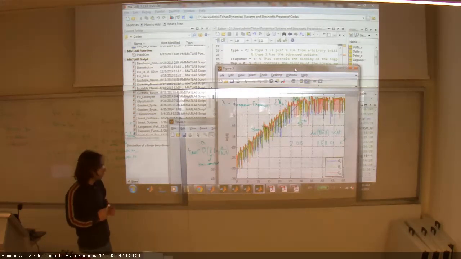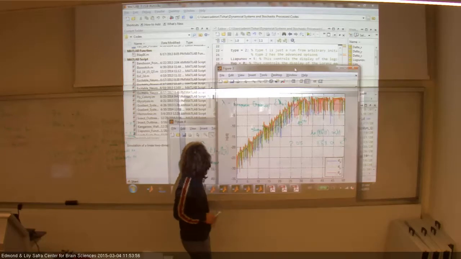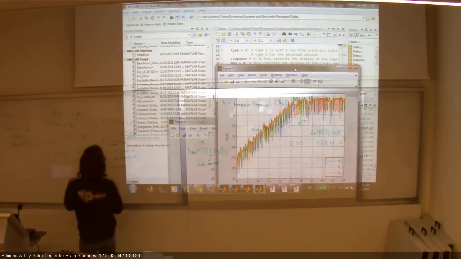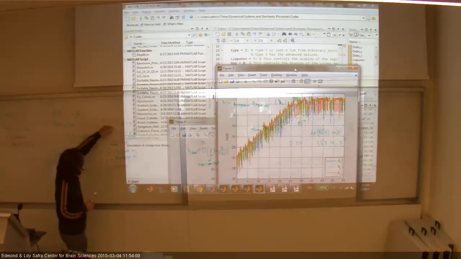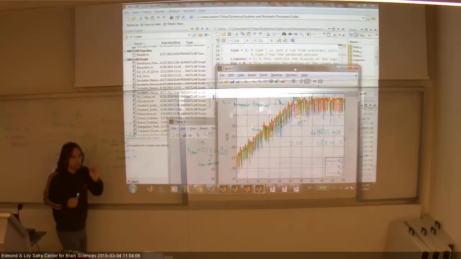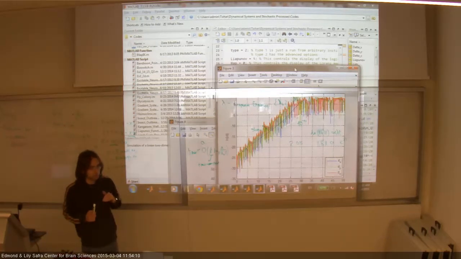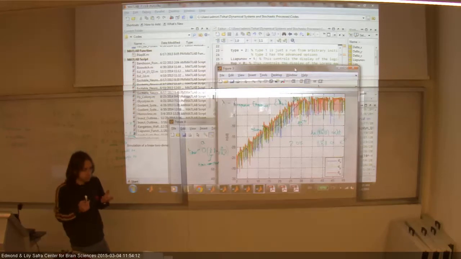But the units of time are not dt, they are these. And this has to do with the non-dimensionalization, for example. And you want your dt, remember, to be at least an order of magnitude smaller than the time constant of the system. And what is the time constant of the system?